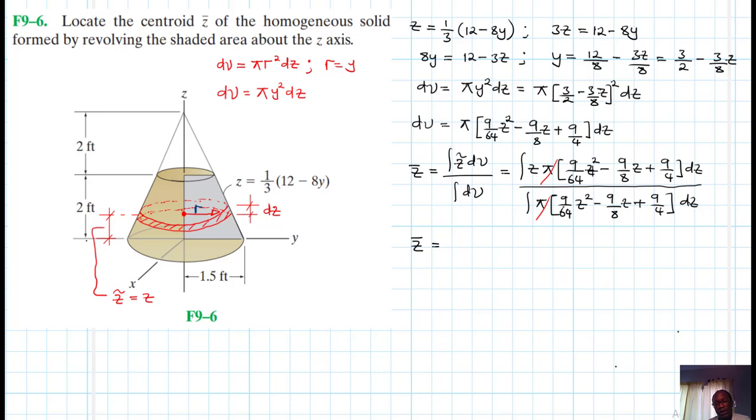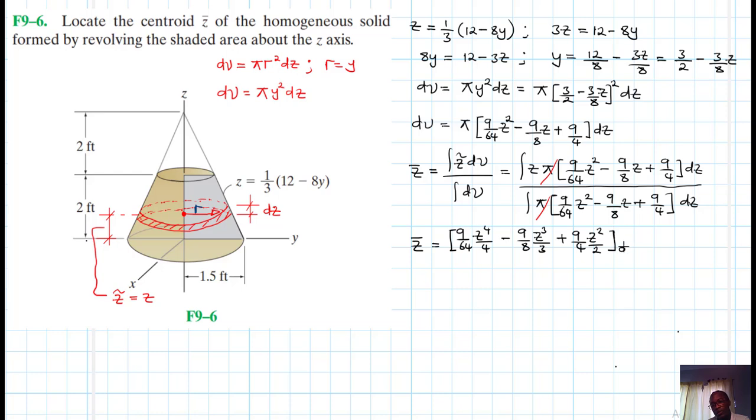Then we can write this as z bar. So z times z squared is z cubed. So integrating it, we have 9 over 64 z to the power 4 divided by 4, minus 9 over 8 z cubed divided by 3, and then we have 9 over 4 z squared divided by 2.